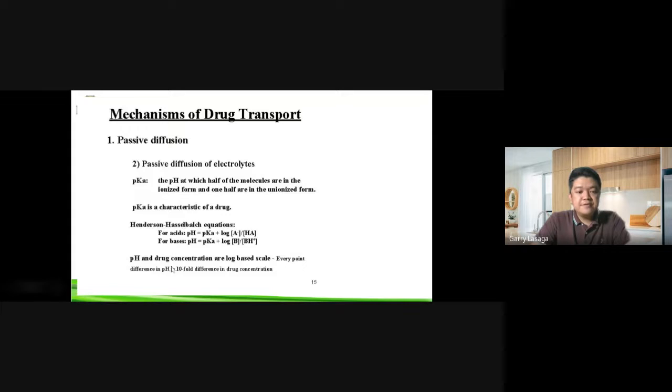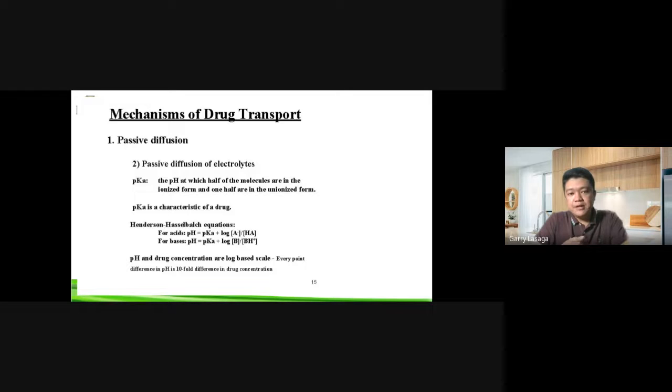So every point difference in pH is a tenfold difference in the drug concentration. This means that the percent ionization of the drug, whether the drug is ionized or unionized, is expressed in tenfold, depending on the increase or the decrease of the pH.